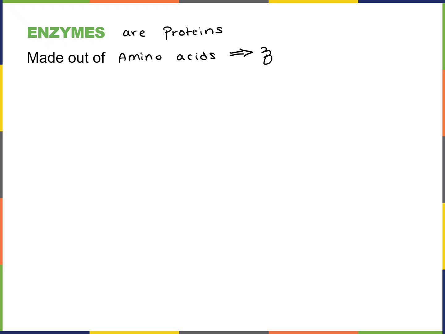Next, we're going to talk about enzymes. Enzymes are proteins. Let's get that clear right off the bat. Okay? They are made of amino acids. Therefore, they are proteins. Enzymes are catalysts for reactions, meaning they help start reactions.